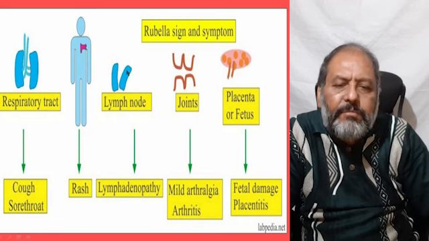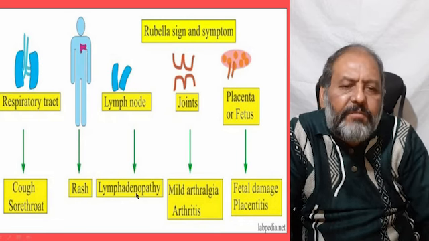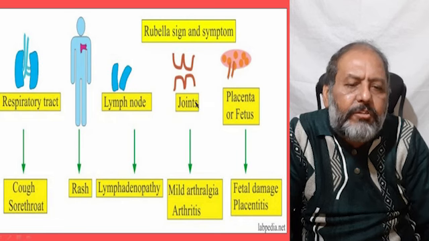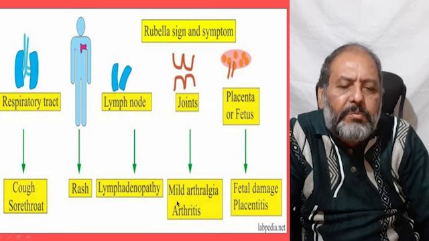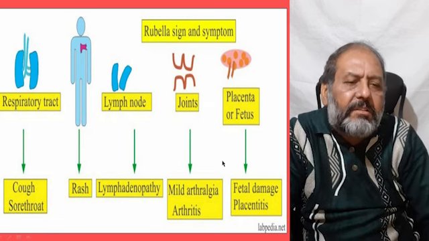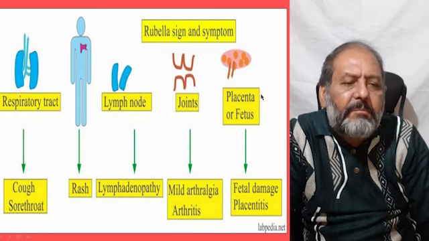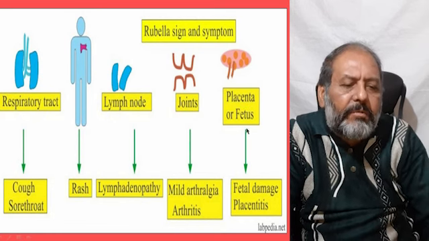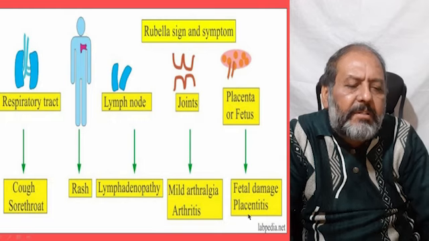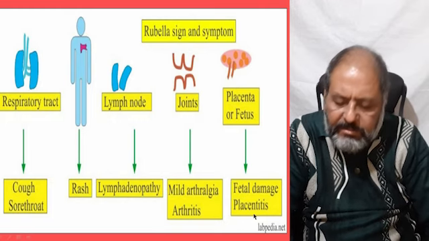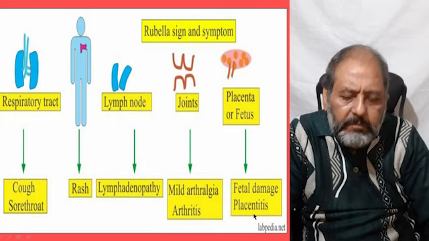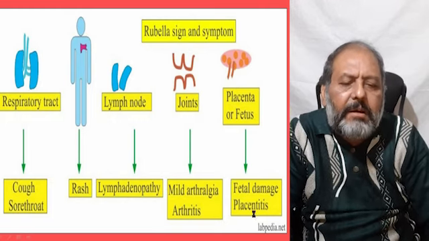Lymph nodes are involved, and that causes lymphadenopathy. When the joints are involved, there is mild arthralgia and arthritis. And when placentitis occurs, the placenta of the fetus is involved, which causes fetal damage, and ultimately congenital rubella syndrome.